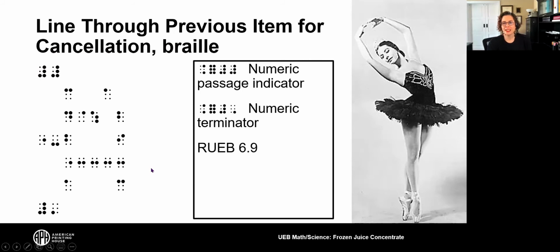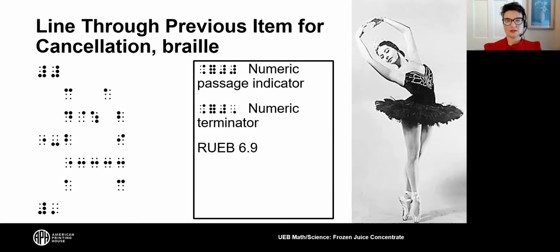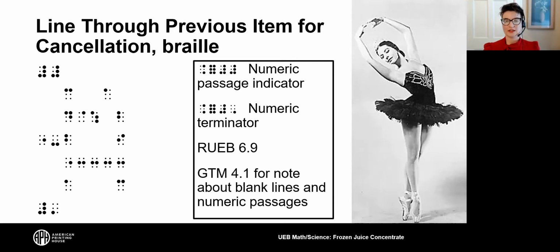Okay, so can the passage indicator and terminator be on the same line as the problem, or does it have to be above or below the problem? That's an interesting question. The guidelines for technical materials specifically tell us that the numeric indicator and numeric terminator can't be on the first line of the problem or the last line of the problem.